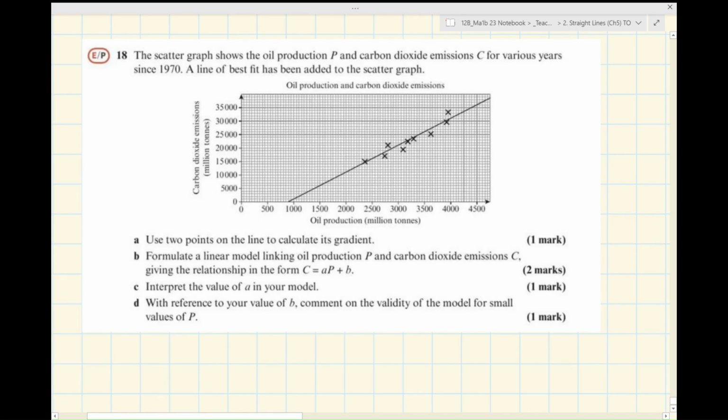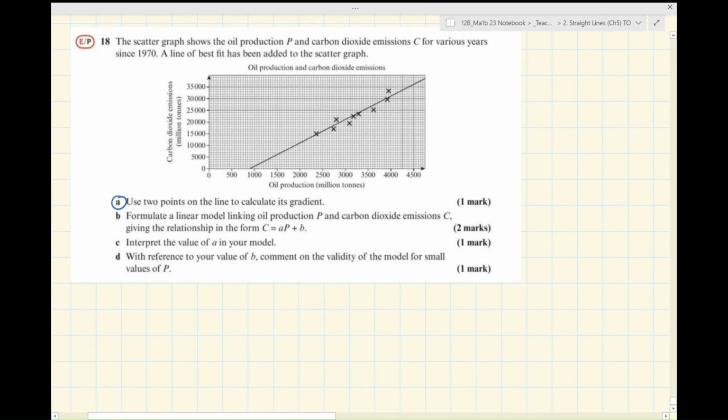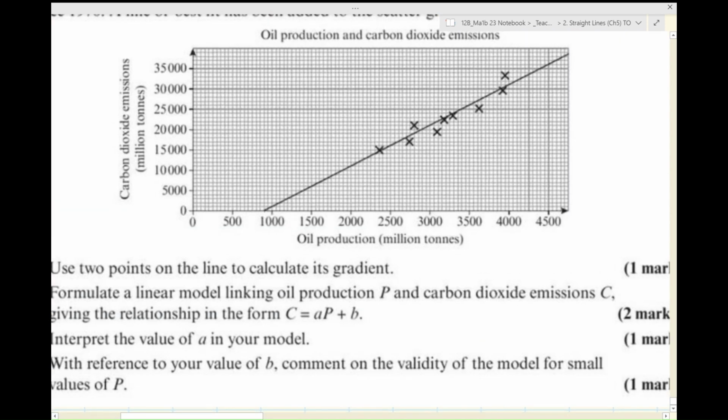Question 18. I have a line of best fit here, showing the relationship between oil production and carbon dioxide emissions. Part A. Use 2 points on the line to calculate its gradient. I'm going to choose 2 convenient-looking points.